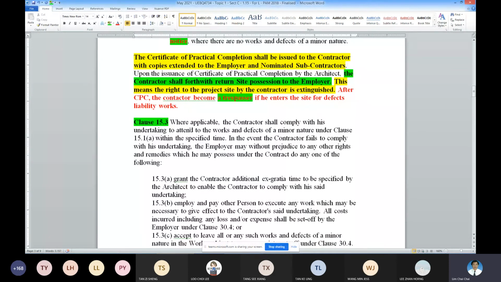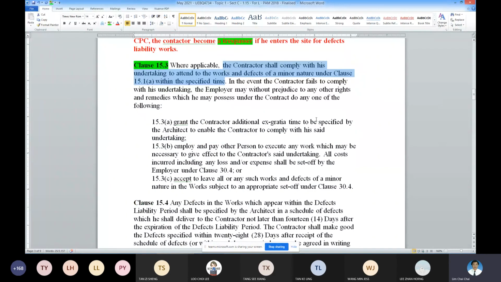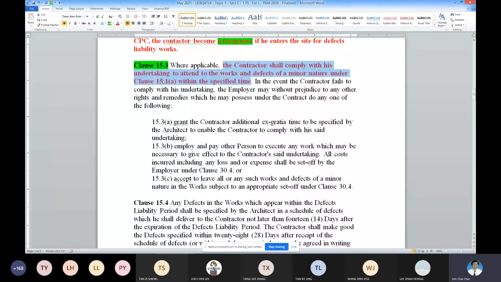Applicable where the contractor shall comply with the defects and minor works under clause 15.1a, that is the initial one, plus the defects that can happen after the CPC is issued. In this case, this is more tied back to your 15.1a. So the contractor is to comply with the items as listed within 15.1a, as I mentioned earlier.